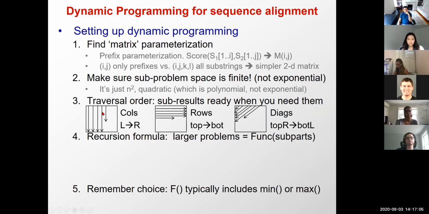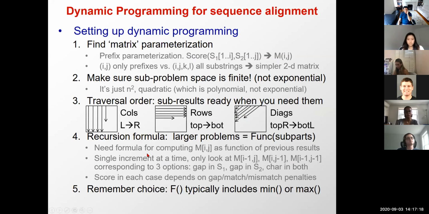We choose the traversal order. Well, I can go this way, or that way, as long as the 3 entries above, left, and diagonal up are always available when I need to compute. And then the recursion formula was computing the maximum of these 3 choices. And I had to actually remember which of the 3 cells led to the maximum.